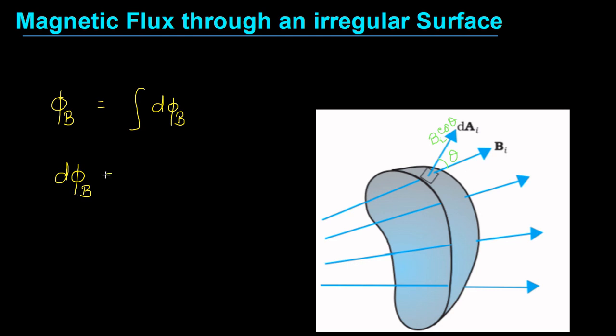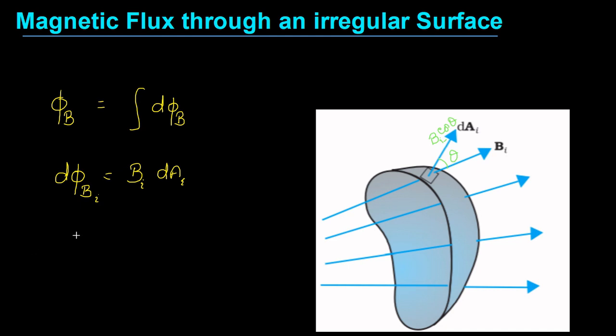D phi b is the magnetic flux that passes through the area dAi if Bi is the magnetic field. Since it is the ith component, d phi b is written as Bi dAi. So many d phi b i's are there.